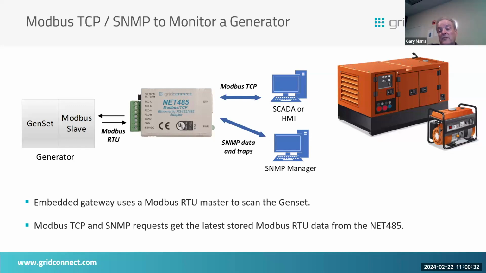So when the generators showed up, they wanted to monitor the generators, and they're using SNMP, so their requirement was that the gen sets needed to be able to respond to SNMP data requests from their SNMP manager. So we added SNMP to our gateway to allow one client to talk Modbus TCP to the gen set, as well as allow an SNMP manager to monitor the data through SNMP and the Grid 45 gateway.